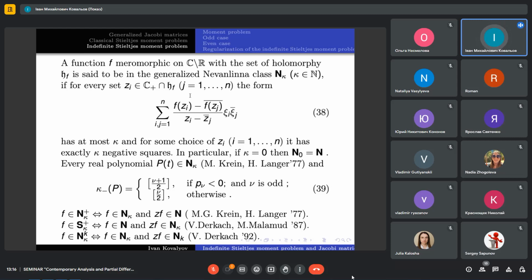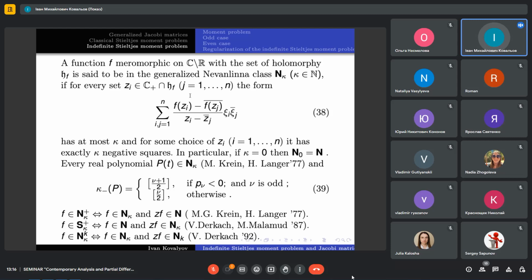So in particular, if kappa equals 0, then the class N_0 coincides with the Nevanlinna class, we mean the classical Nevanlinna functions. Moreover, every real polynomial P belongs to class N_kappa, and the index kappa can be found by formula 39.